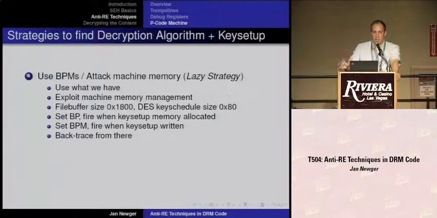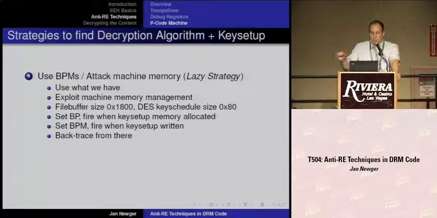And since the key schedule size of DES is 80 hex, we could just set a conditional breakpoint in the memory allocation routine, which would fire whenever there's an allocation of size 80. Whenever we reach this point, we could then use our reclaimed debug registers to set a breakpoint on memory access in the allocated memory.